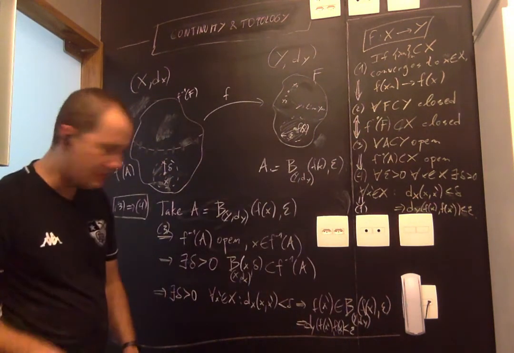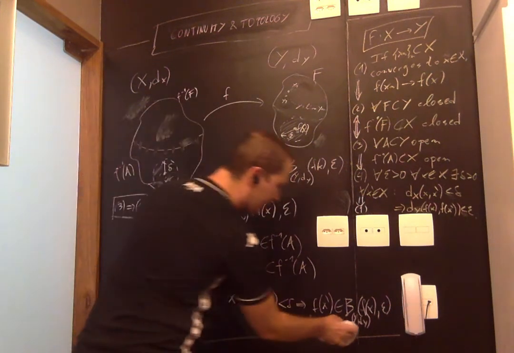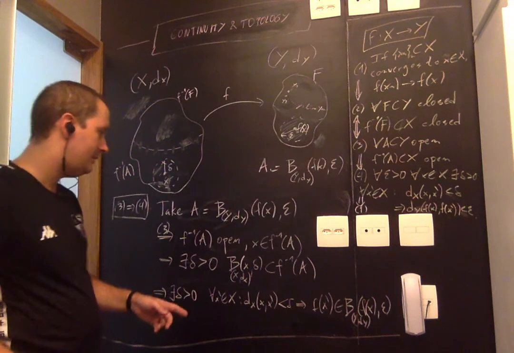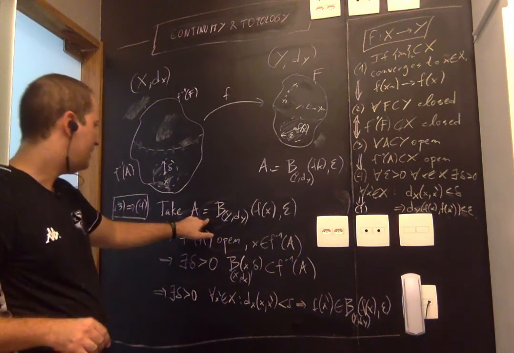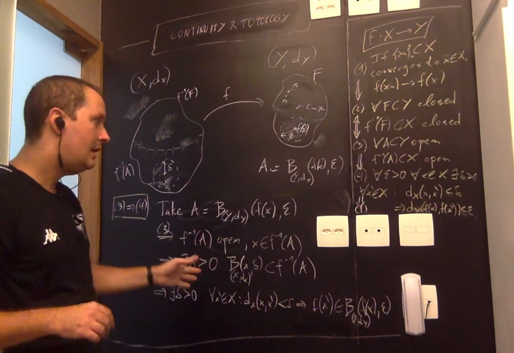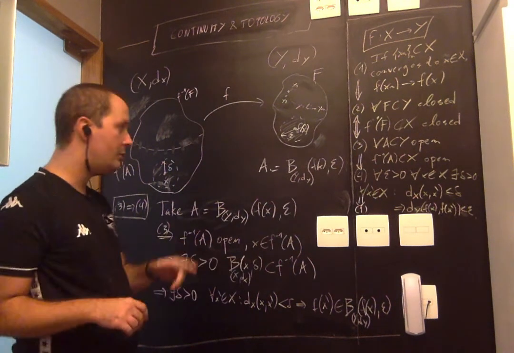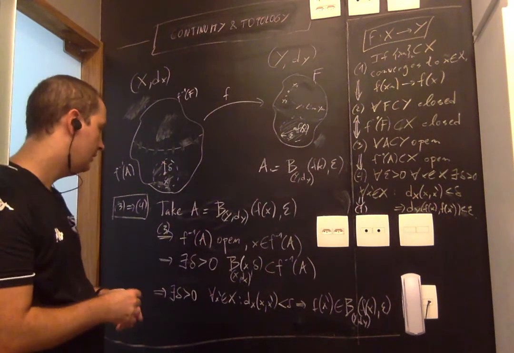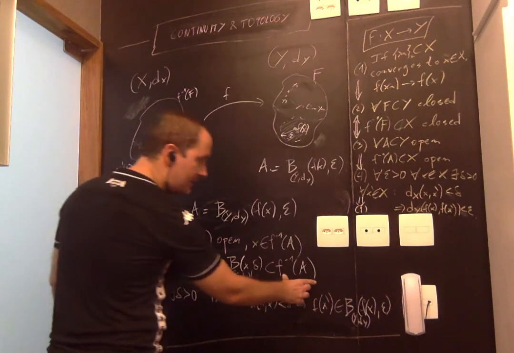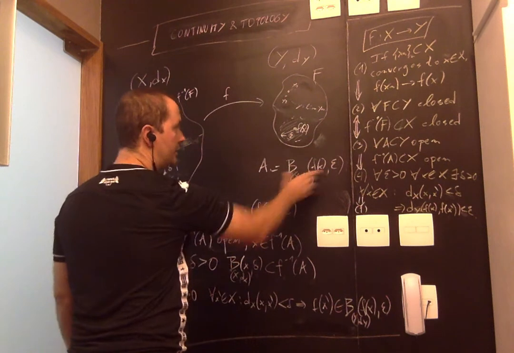And maybe that's not so easy to see, but I mean, right? So what is my claim? So my claim is that if I take A like this, I look at the pre-image, I find an open ball inside it. Now, this delta, which is the radius of the open ball, is precisely the guy I'm looking for. Again, this is saying that the whole open ball is contained in the pre-image of this guy.